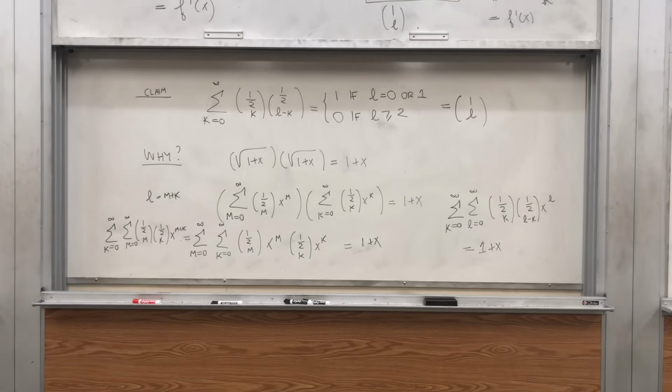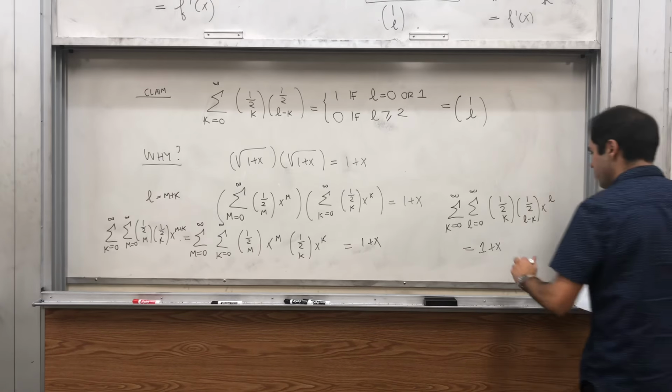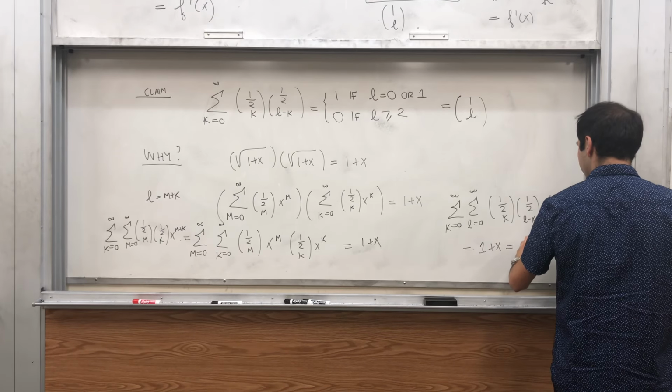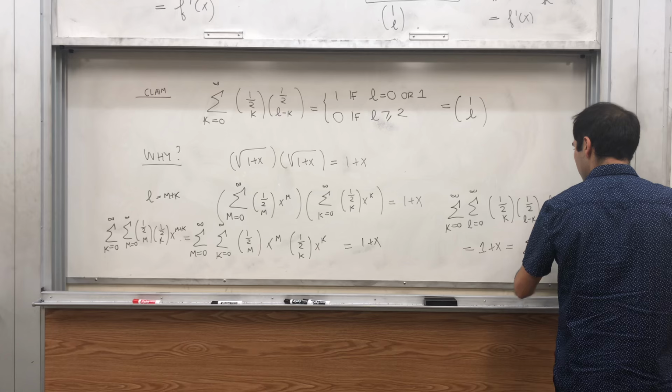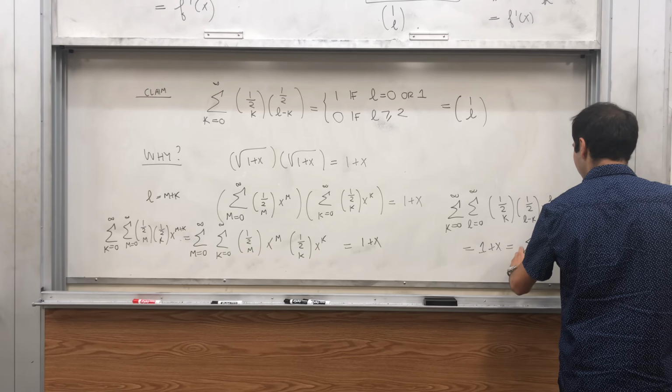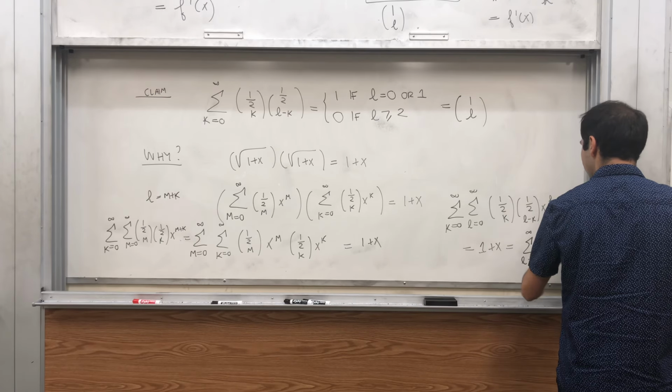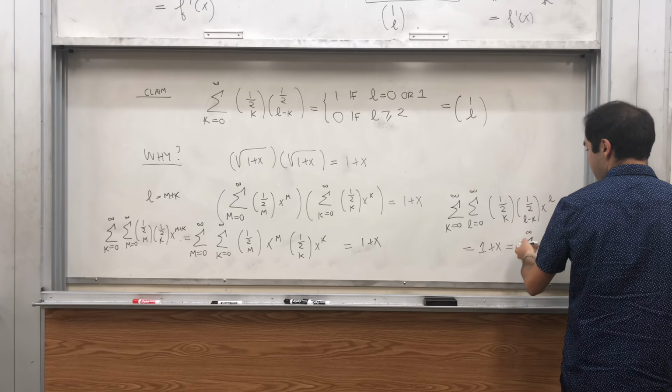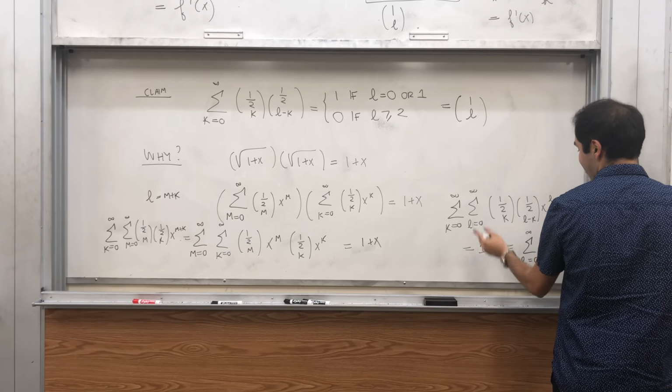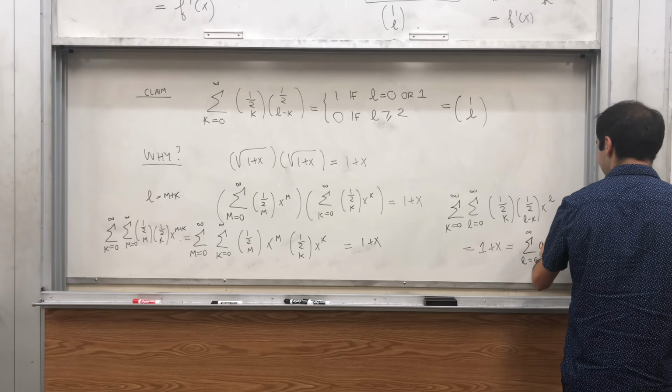But notice you can write this also as a power series, so that's the sum from L from 0 to infinity of, let's say some number, a_L, x to the L. And what is a_L?